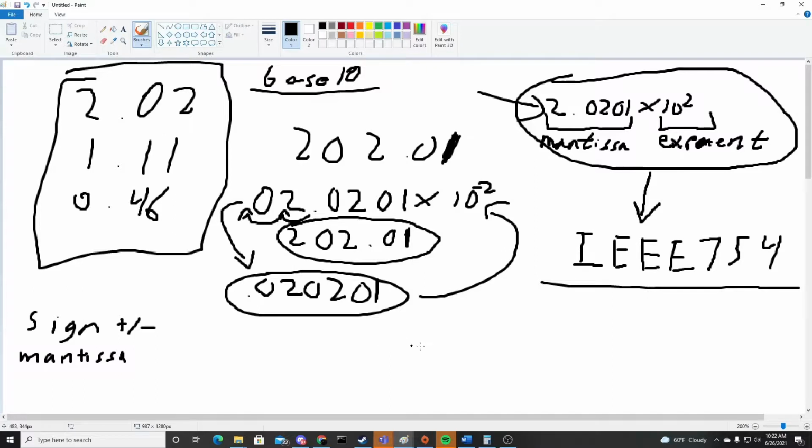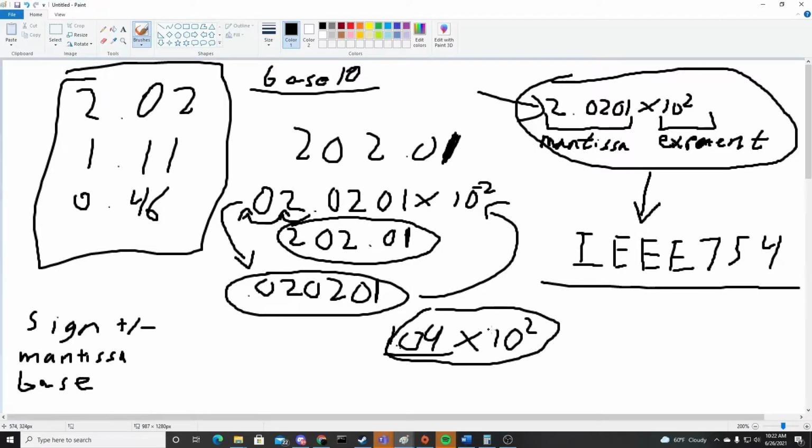So like in scientific notation, for example, if we had 1.04 times, we'll say we're in base 10, times 10 to the second, this would be the mantissa, again, the fractional portion here, the decimal portion here. We also have the base that we're in. So again, in this example, you can see the base right here.